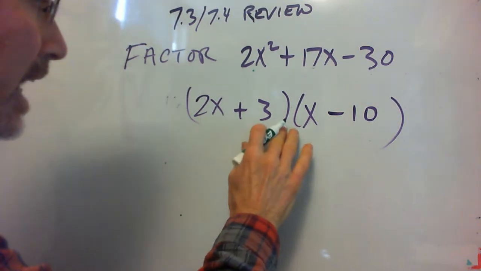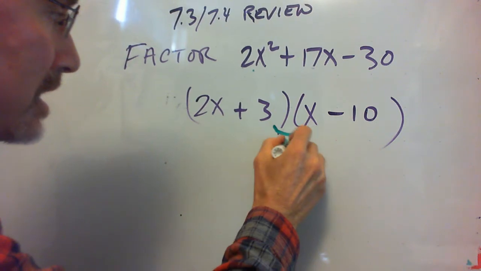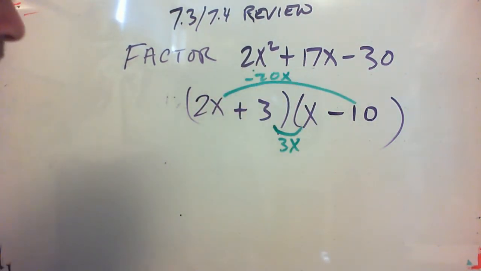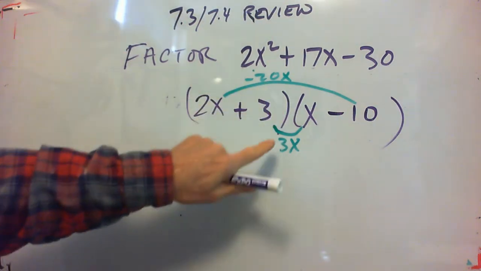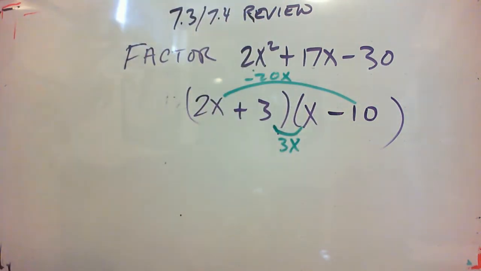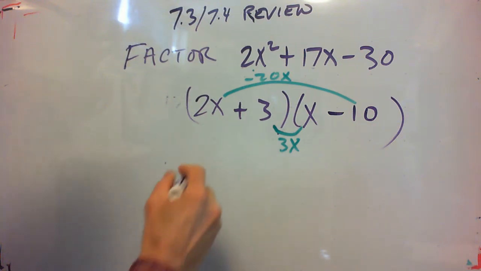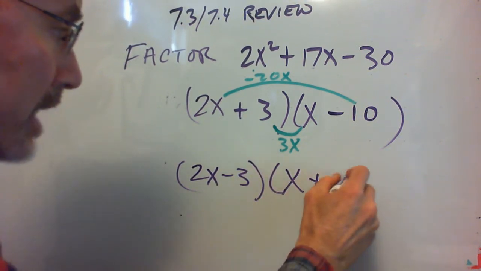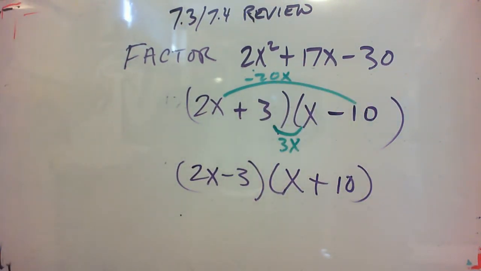When we FOIL it out, we're going to get 3 x's. That's the inside product. And the outside product will be negative 20 x's. Added together makes negative 17x. That's real close. It's just off by the sign. So all we have to do is switch it to 2x minus 3, x plus 10.